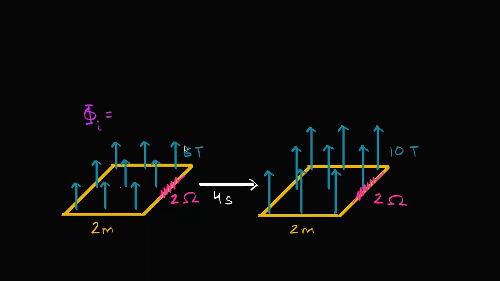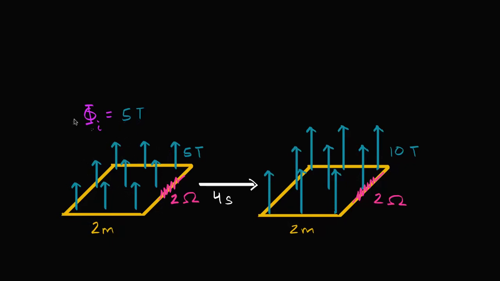You could say the average magnetic field over the surface, but since it's constant, that's just going to be 5 teslas. And it helps us in this problem that the magnetic field vectors are exactly perpendicular to the surface defined by the ring. If they weren't, we would have to find the component that is perpendicular. But we have that right over there. So we have 5 teslas. That's the average magnetic field, or the average component of the magnetic field that is perpendicular to the surface.